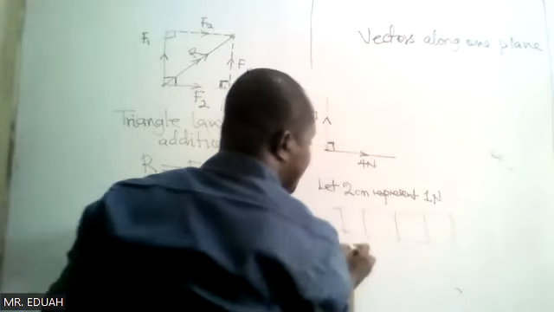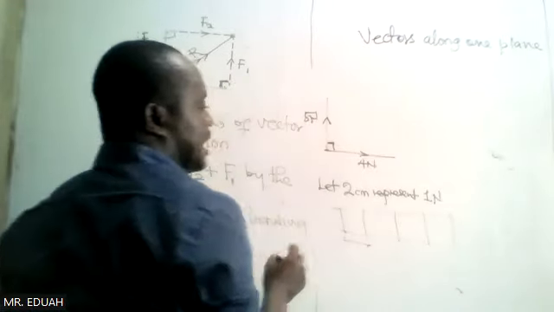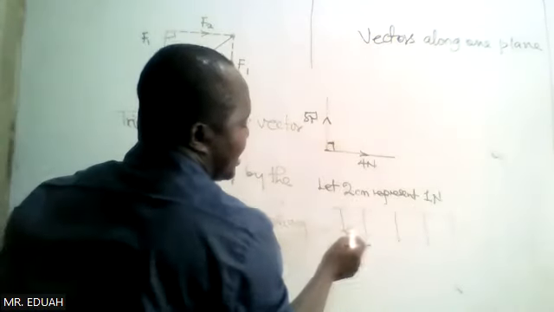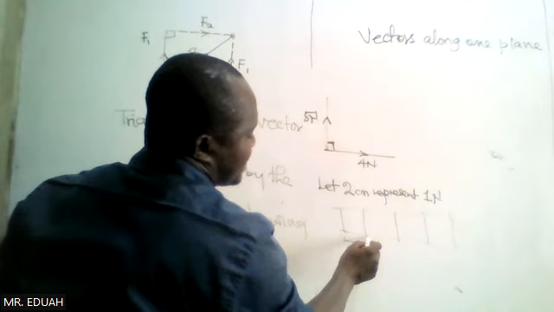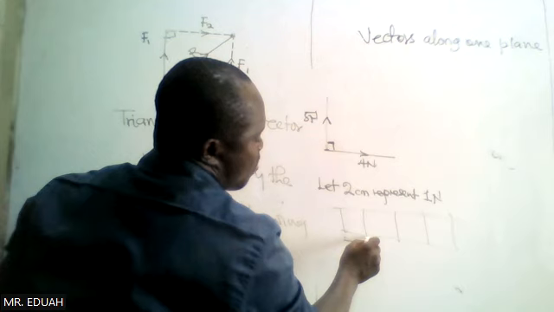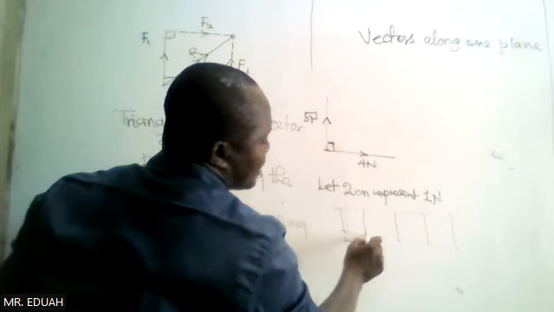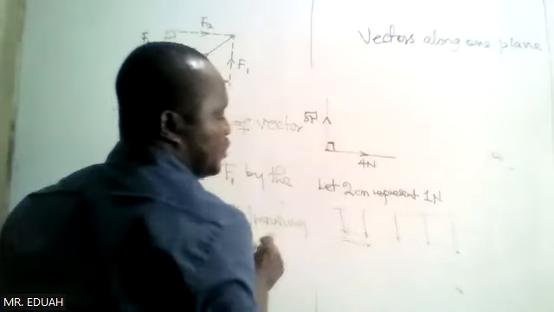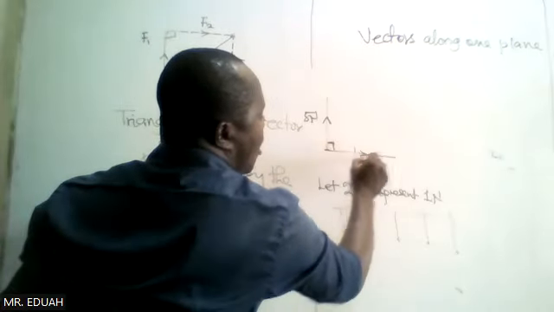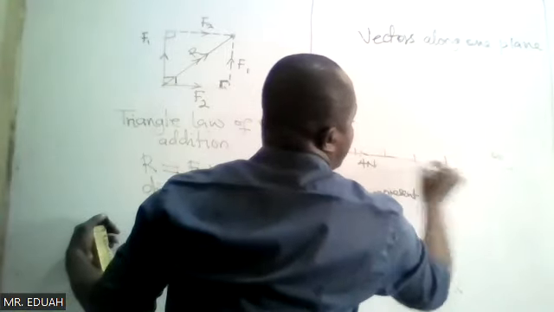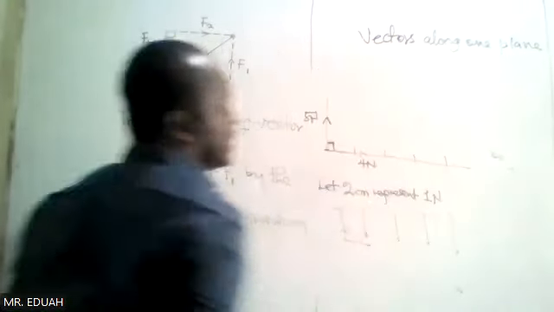If every 2 centimeter represents 1, then I count 1, 2, 3, 4 to represent this 4 Newton. So 4 of the divisions on the graph book would give me this 4 Newton force.